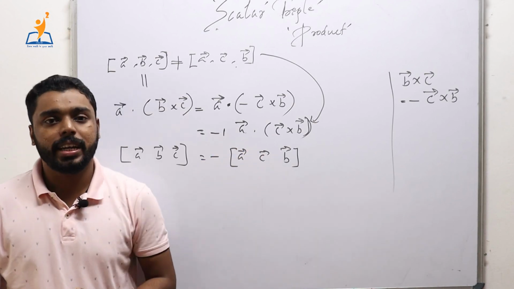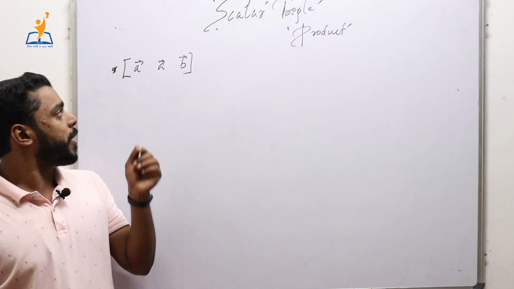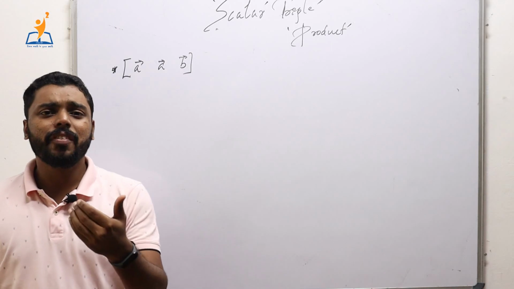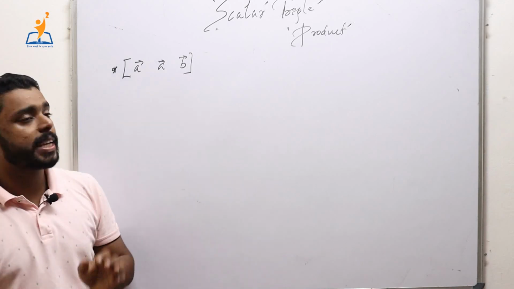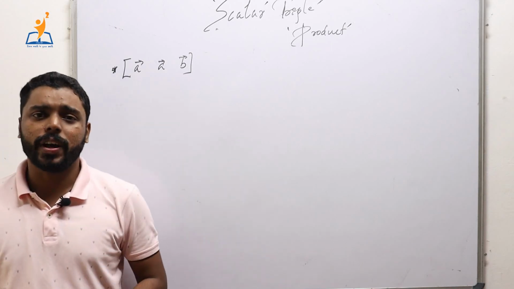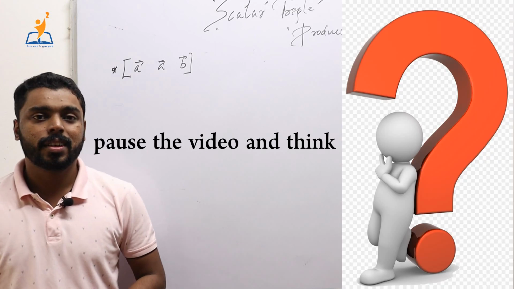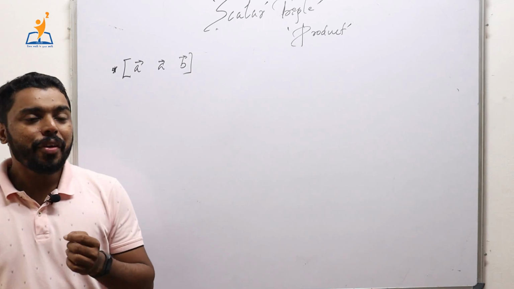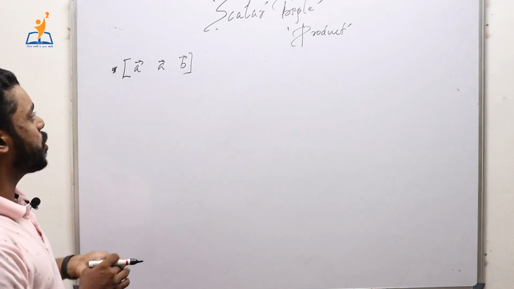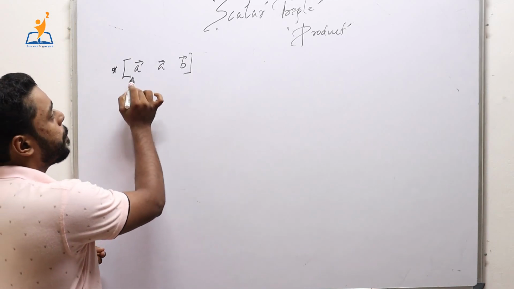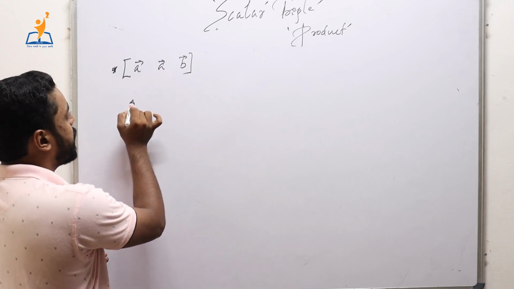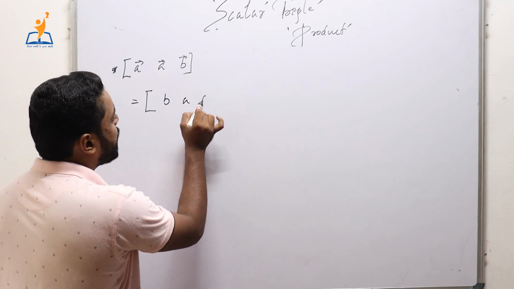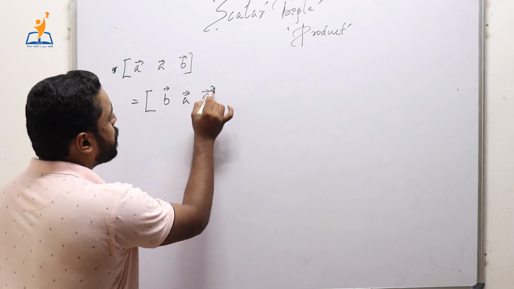Now we shall move to the next important property. The next property is an interesting property regarding the box AAB. Can anyone guess what box AAB will be? Let's just take 5 seconds. Okay, if not, just do this calculation. We know that box AAB is equal to box BAA, because B comes to the first place.